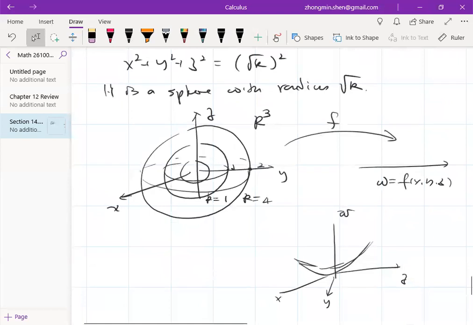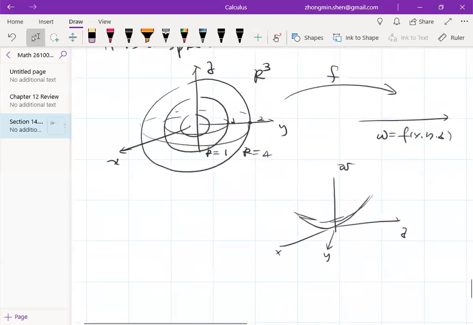Imagine you can view the 3-dimensional space as a 2-dimensional plane, then here the circle is just the sphere. When the circle is getting larger, the W value is getting bigger and bigger, so you will get a paraboloid in the 4-dimensional space.